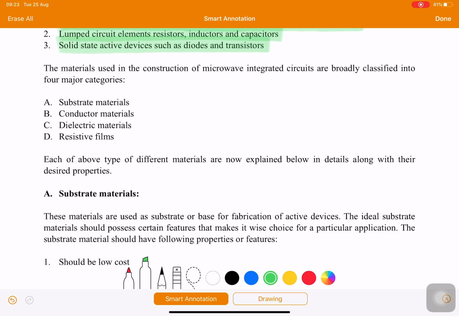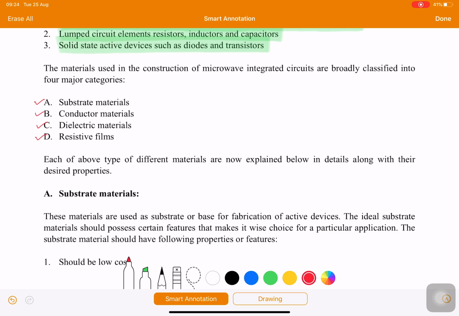Okay, so these categories are the substrate material, the conductor material, the dielectric material, and the resistive film. These are the four different types of material we usually encounter in the construction of any microwave integrated circuit.